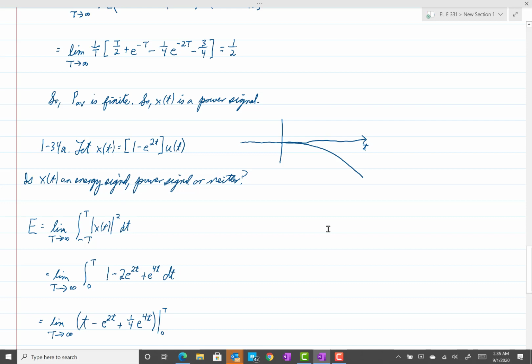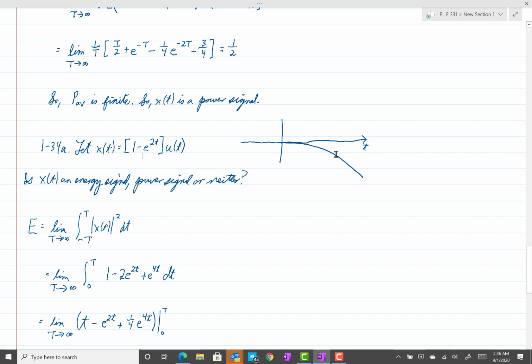Okay, I had to pause there because I just realized I made a mistake. So let me restate something I just said. I said that if this function were increasing or decreasing sufficiently slowly as we went to infinity, it might still be a power signal. That is incorrect.